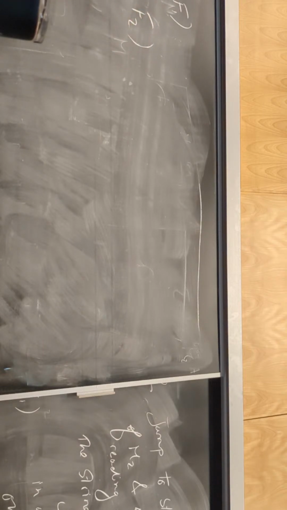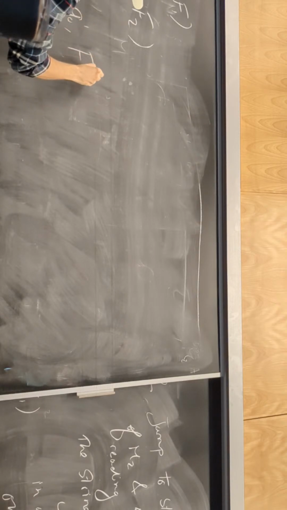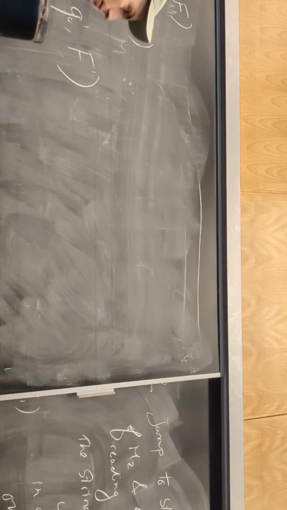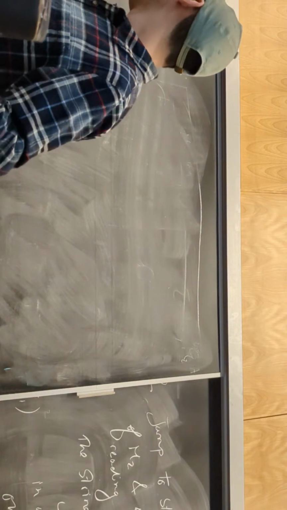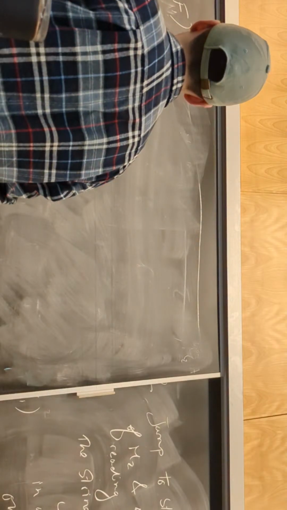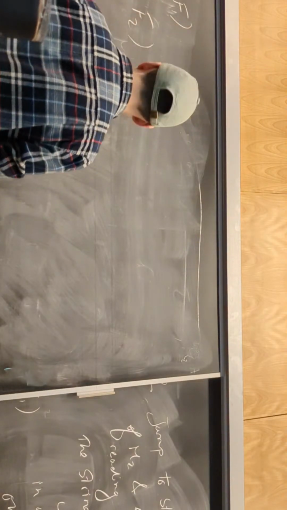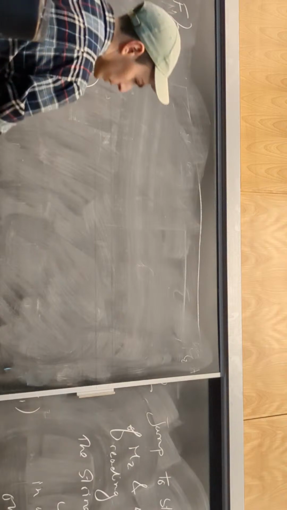Okay, so I start with these two DFAs, right? And now I have to create an FA M prime, which is going to have some set of states, the same alphabet, a transition function, a start state, let's call it S prime, and then a set of accept states. Okay, so what's the set of states for M prime going to be?